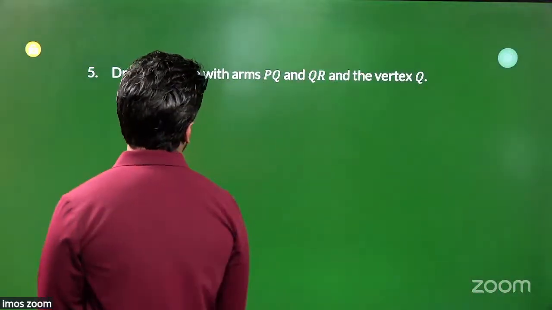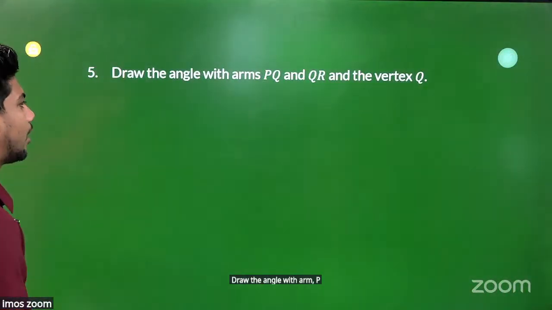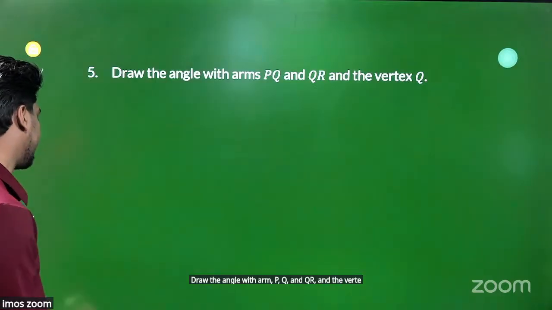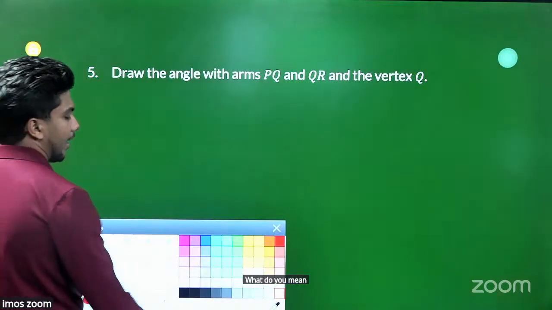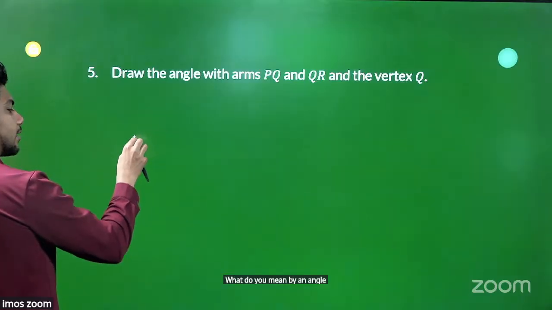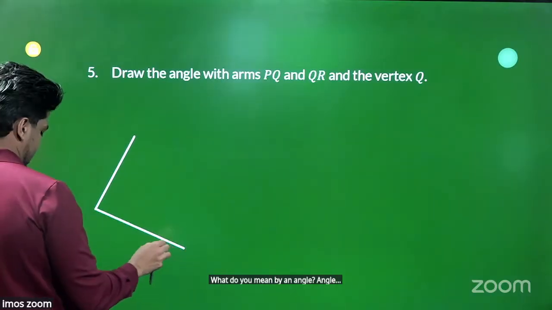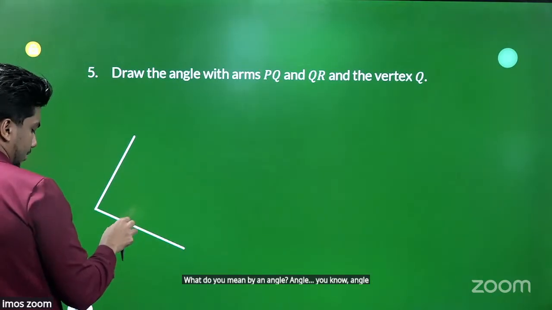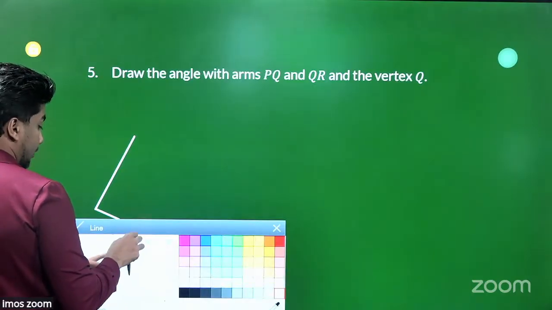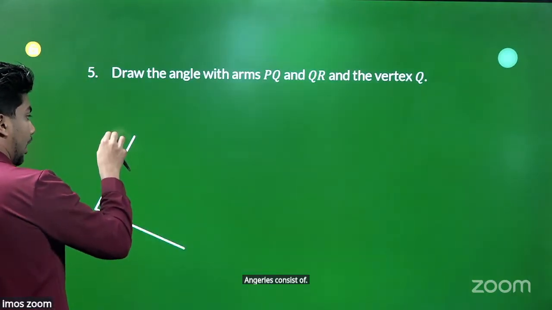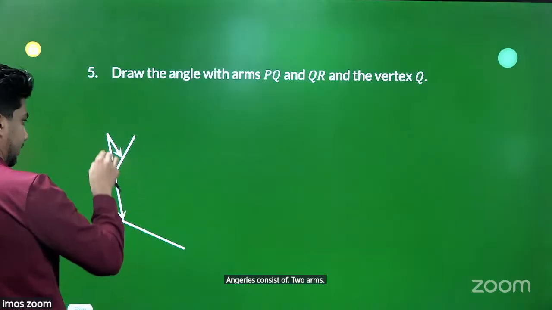Draw the angle with arm PQ and QR and the vertex Q. What do you mean by an angle? Angle is consist of two arms.